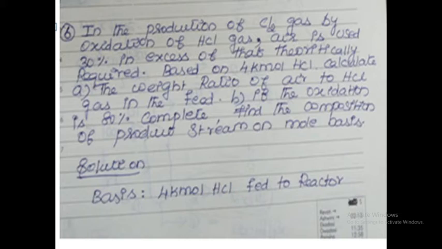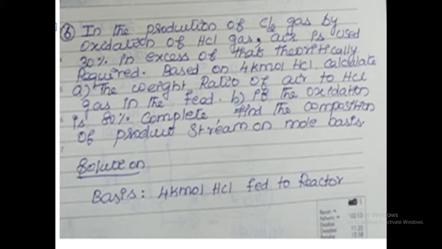Second, if the oxidation is 80% complete, find the composition of the product stream on mole basis. Are you clear? Okay. So given data: 30% excess air, 4 kmol HCl.